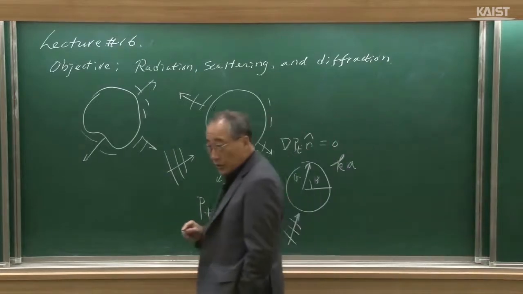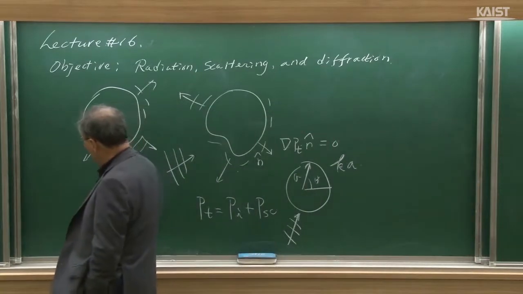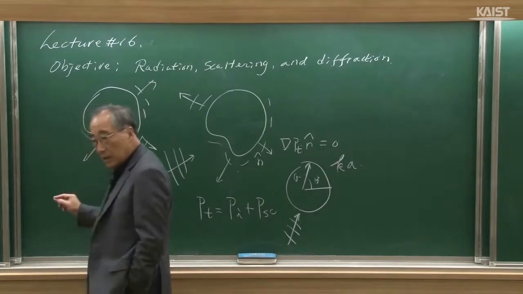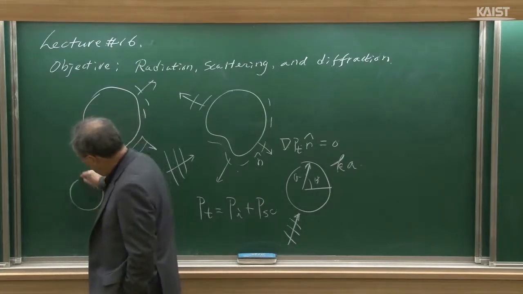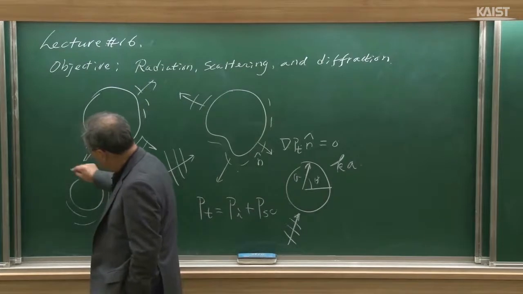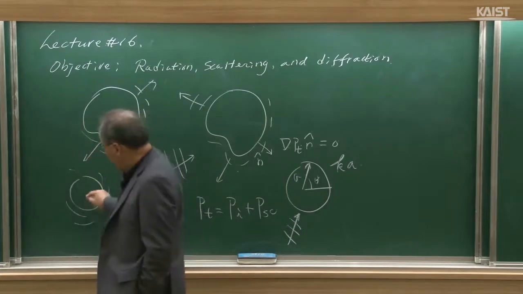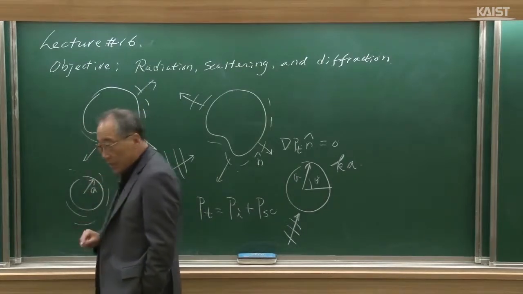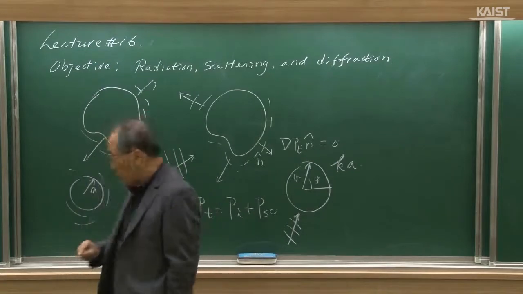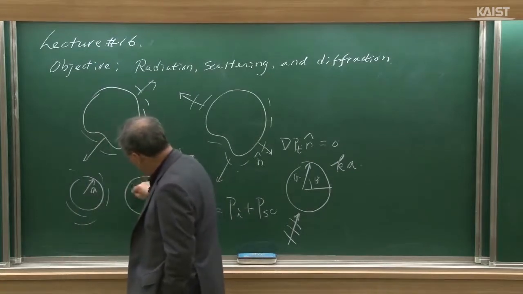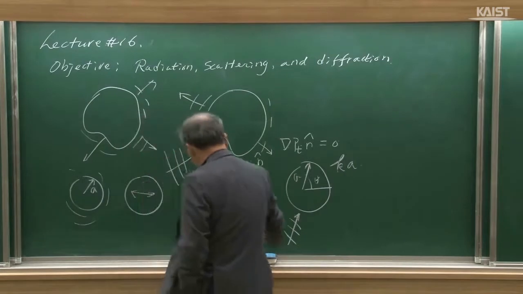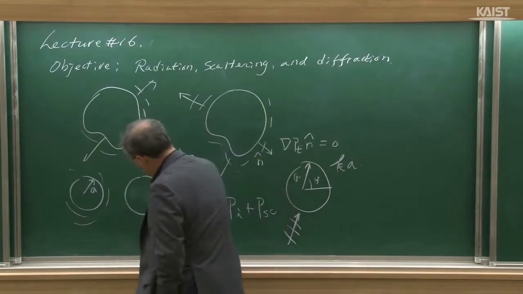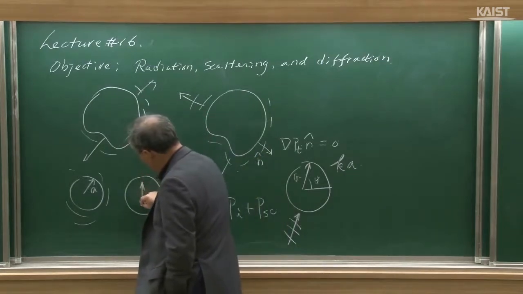For the radiation case, we learned the breathing sphere case that has radius of a, as well as the trembling sphere case, where it trembles this way.